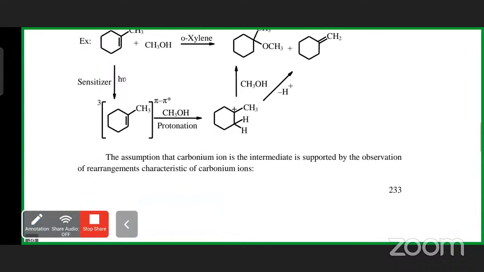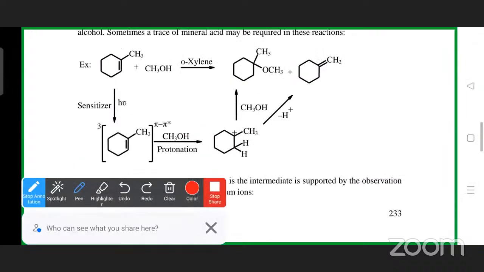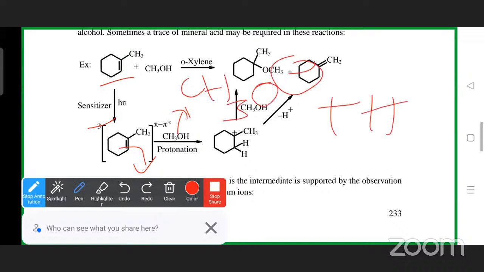So the methyl cyclohexene is going to convert into the triplet sensitized molecule here. Then protonation takes place, where this bond comes out and reacts with methanol, CH3O minus and H plus.